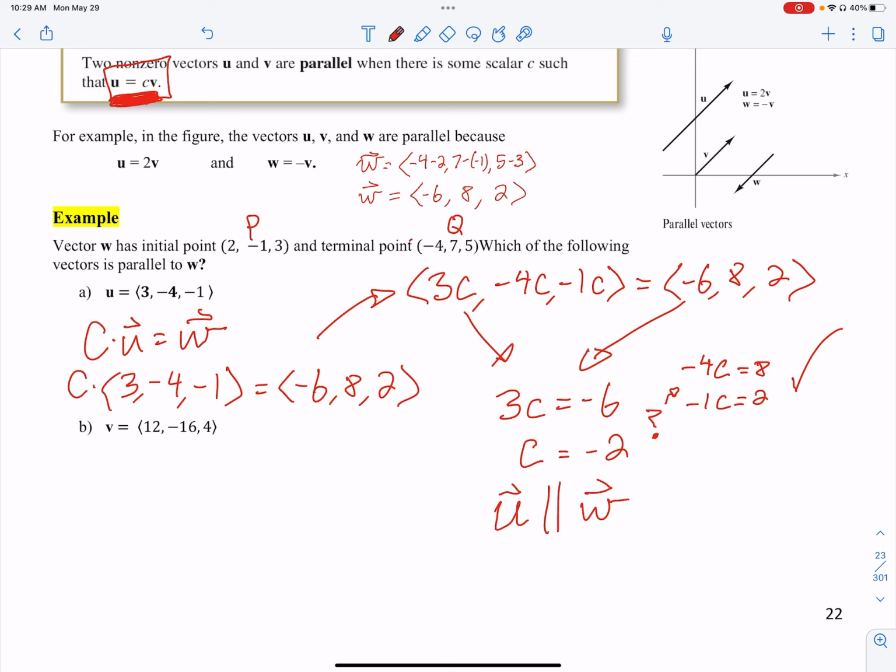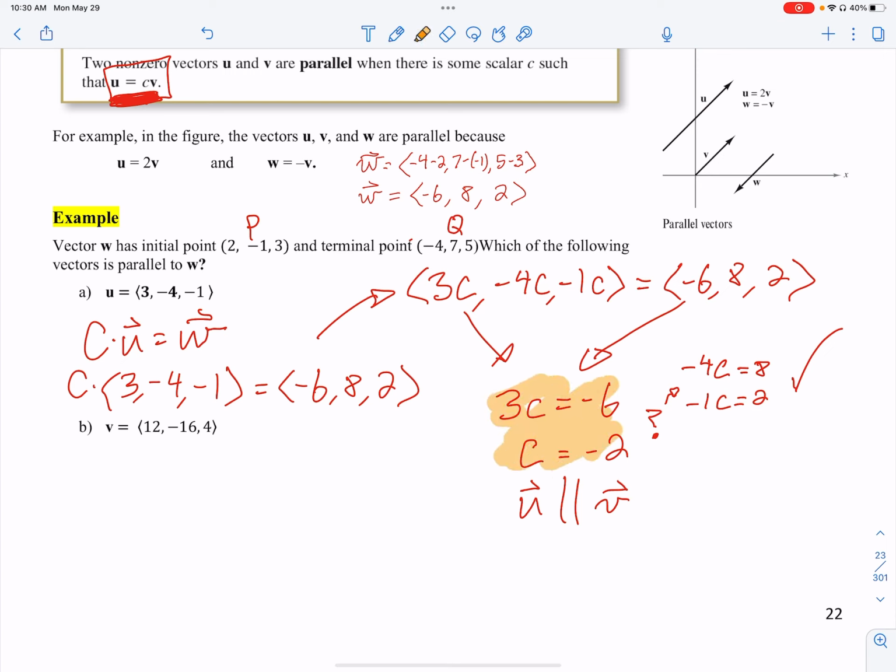You can use that. Okay, so let me rewrite that because it looks like I wrote it with my toes. There we go. Not much better. Okay, so what you do is you set it up. We know the definition that they're parallel if there's some multiple, because a multiple changes the length but doesn't change the direction. So we set that up here. Then we answered it for one of them, which got me here.